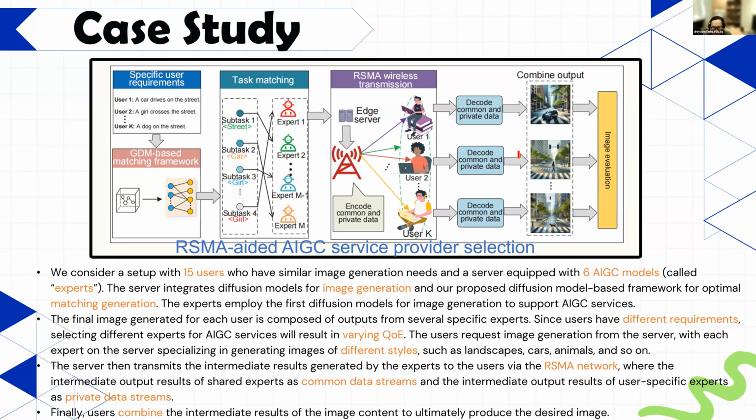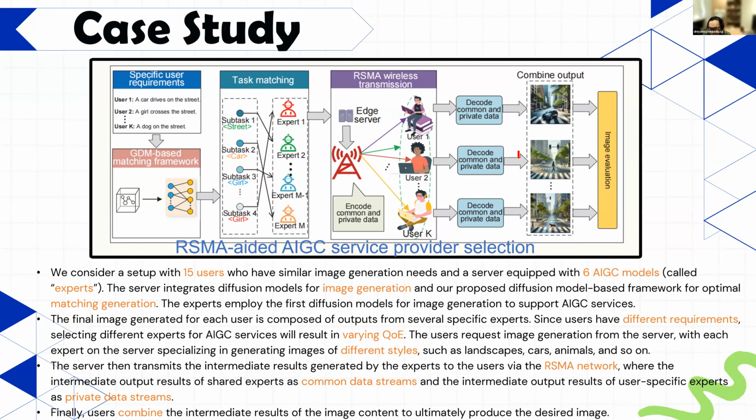So the expert will employ the diffusion model for image generation for the service. The final image generated for each user is composed of the output from several specific experts. And here, because the users have different requirements, different experts will be selected to give the best quality of experience for the user.